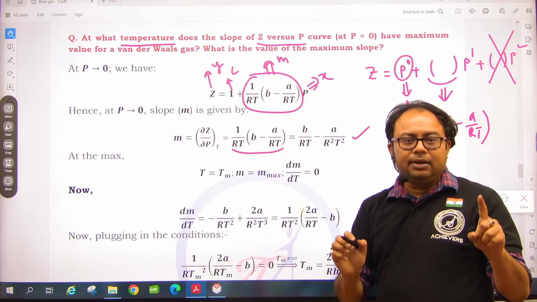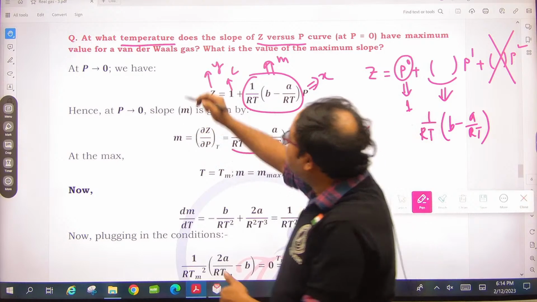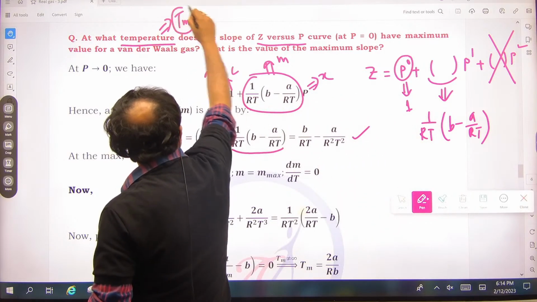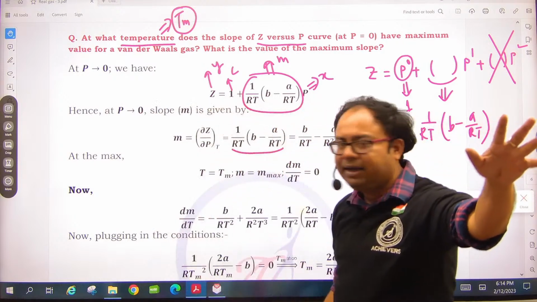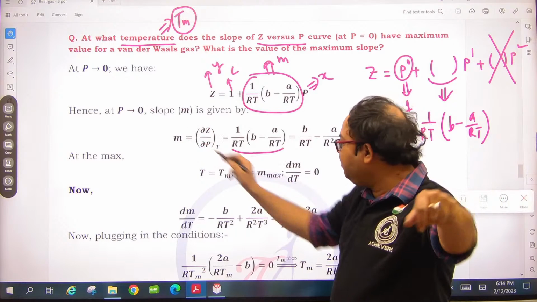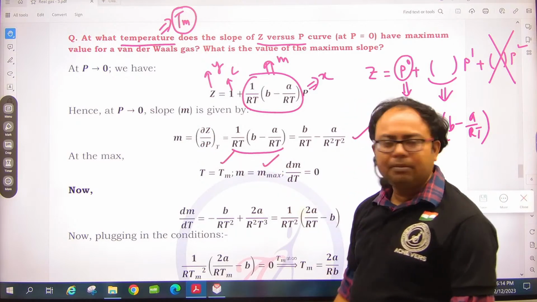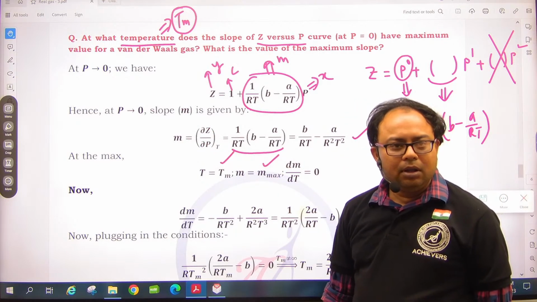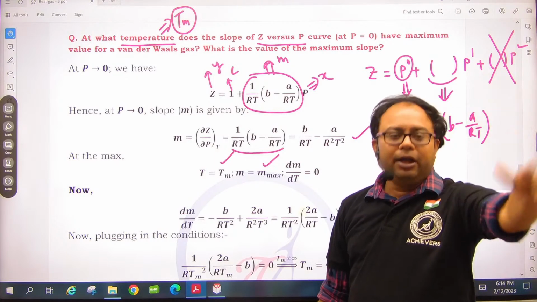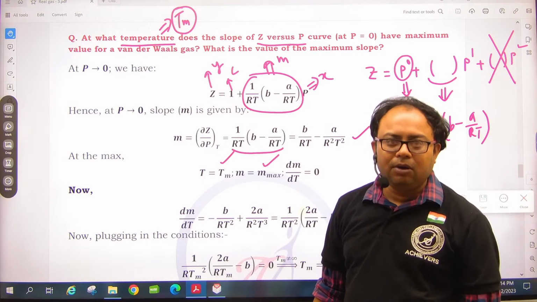Now let us consider this temperature to be Tm. At t equal to Tm, the slope is maximum, so the slope m is m max. And we know that the condition of maxima is that the first order derivative is 0.